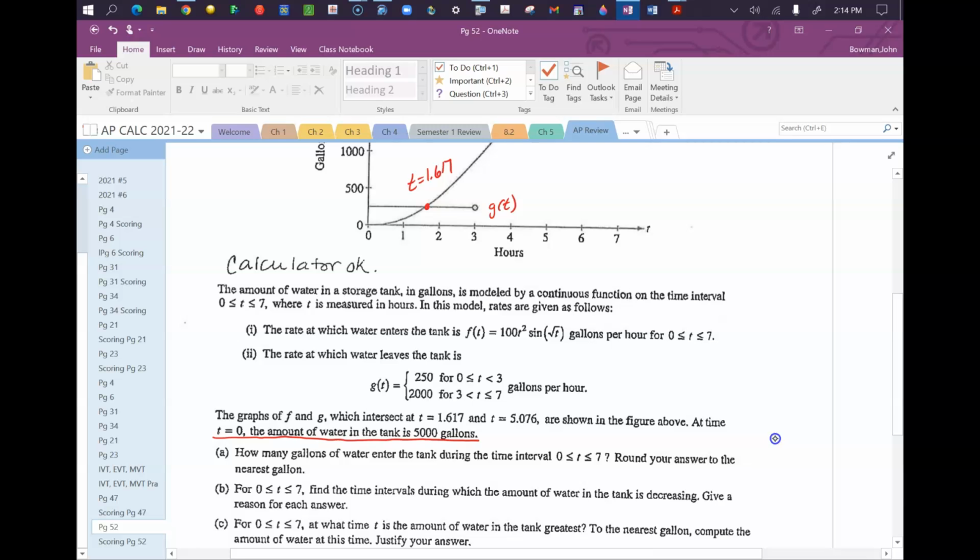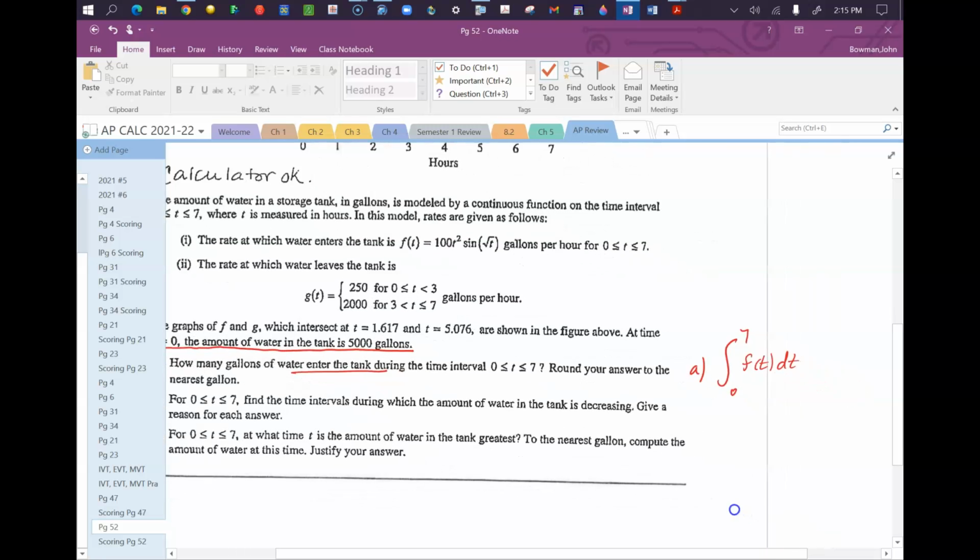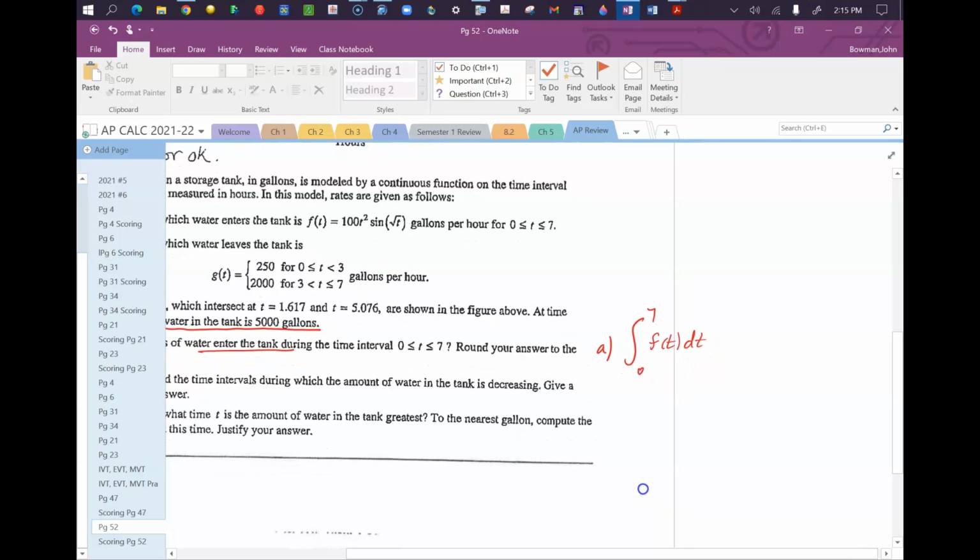How many gallons of water enter the tank? So to find our answer to A, we are going to integrate from 0 to 7, f of t dt. Make sure your calculator is in radian mode, and when you integrate that, you will get, to the nearest gallon, 8,264 gallons.